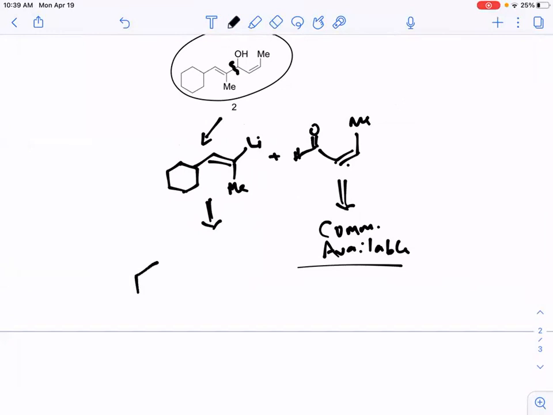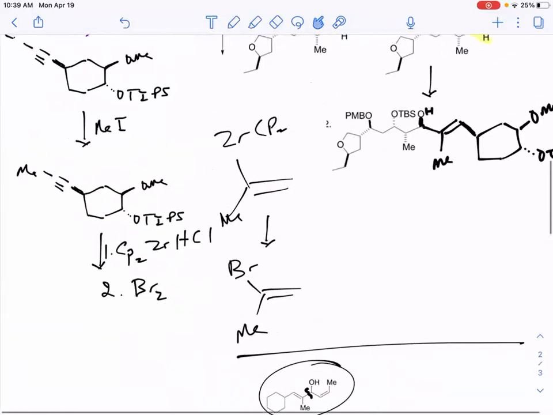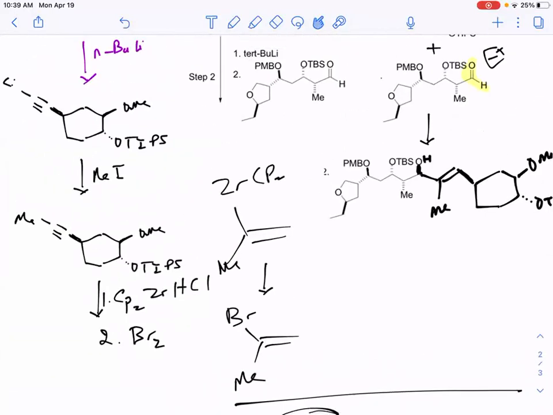Could you start with this, with a methyl group already on it? I think you can start with that. Yeah. Then we have that up here. We didn't start with it, but we got to it.